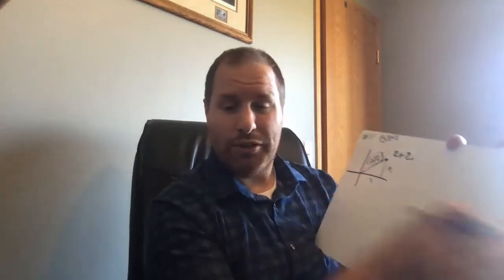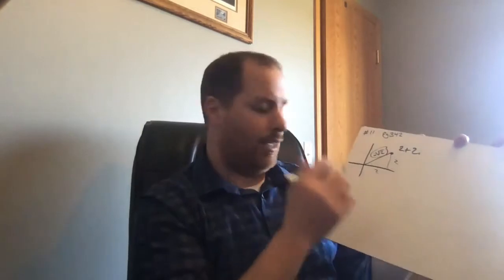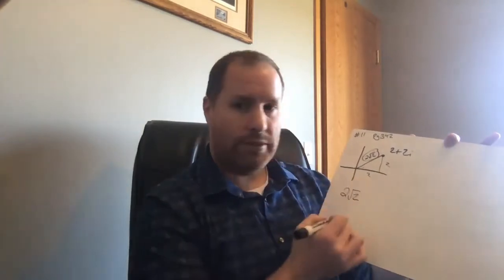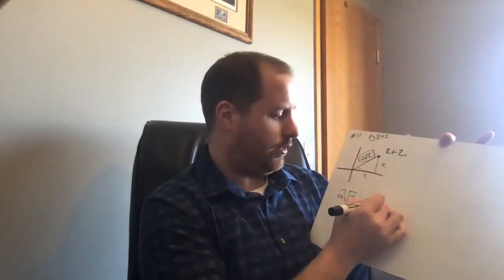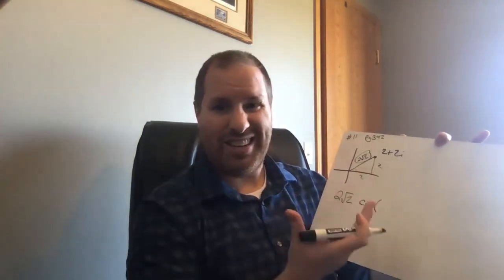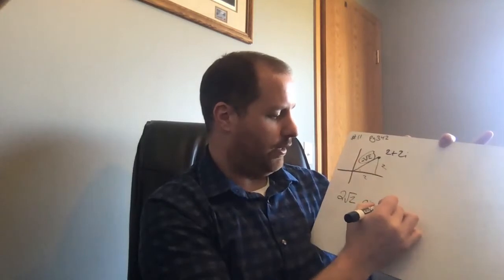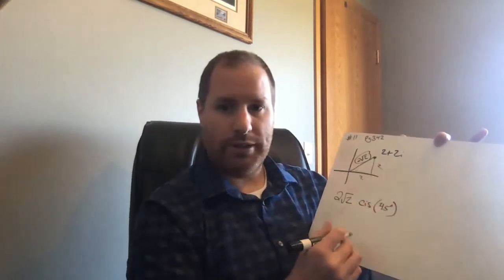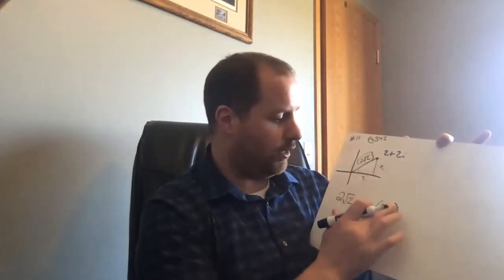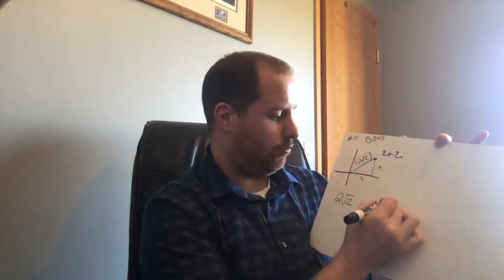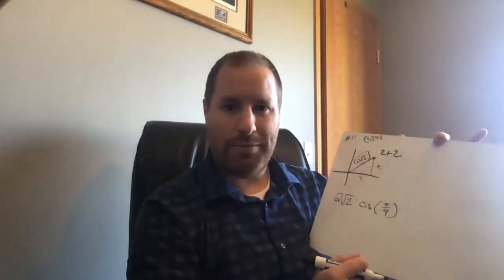So now I know the trig form of this number, 2 plus 2i, is 2 root 2, because that's the radius, cis, cosine plus i sine, because we're working with our i value, of 45 degrees. That's what we have there. Or if you like, what I'm going to put it in is actual radians, which is pi over 4.